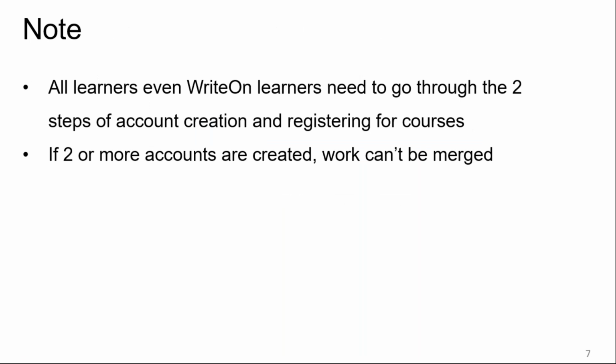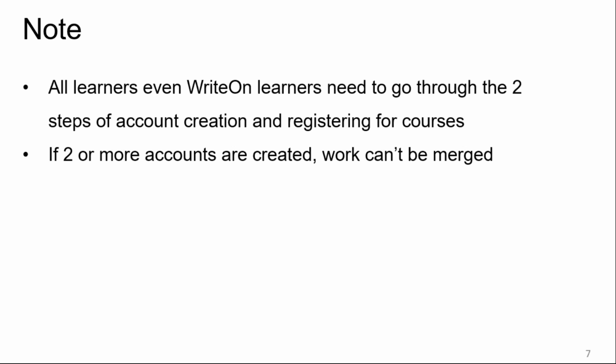So just the 2 points to note, even Write On learners, if they've used our old platform in NALA, they need to be set up afresh on this platform. And the second thing to note is if a learner had already created an account, so if they have 2 accounts, we cannot merge the work. Okay, so just to be aware of that. You may have learners who've already started on this platform, perhaps as independent learners, not attached to a centre.